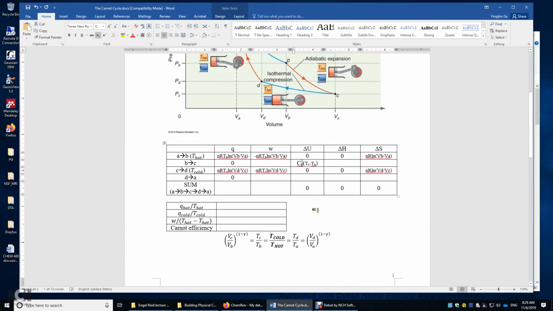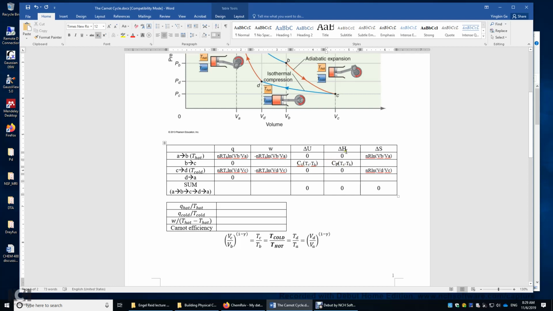How about delta H? Similarly, H depends on temperature only for an ideal gas, but the dependence is different. Delta H equals Cp times the temperature change. Therefore, I replaced this CV with CP.